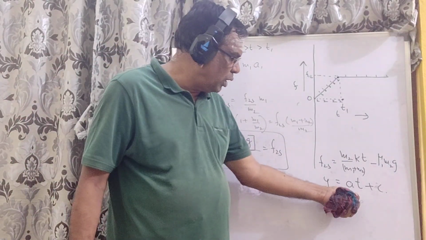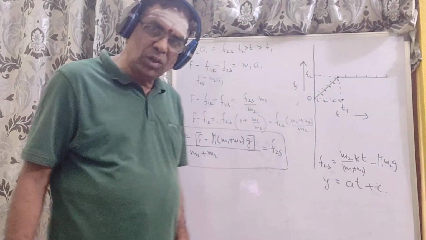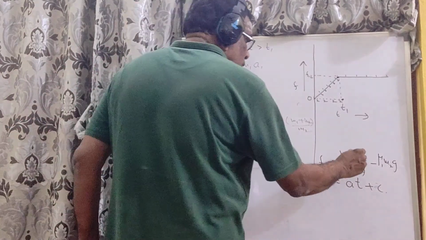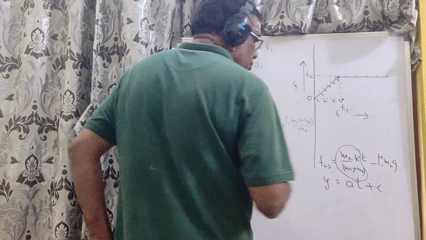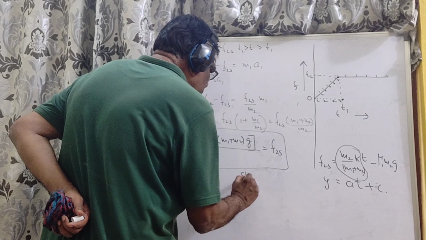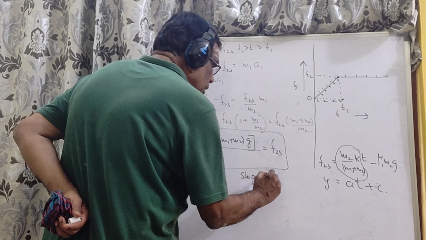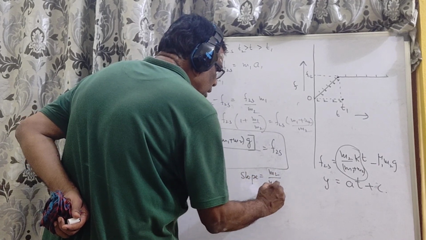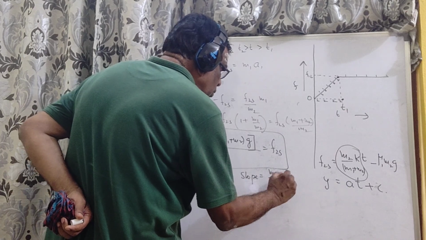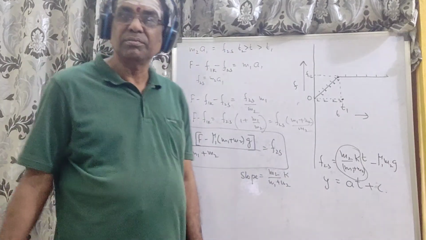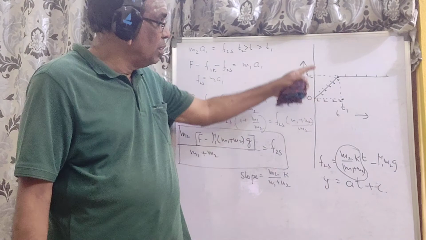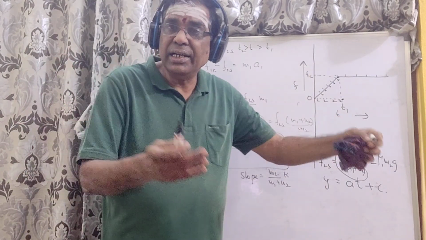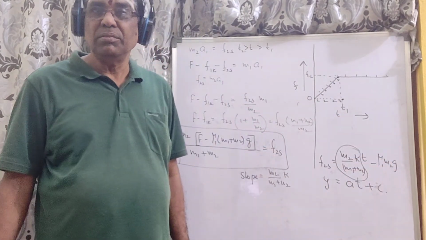And when you plot it, what is the slope here? Slope is M2 by M1 plus M2 into K. They may give you the diagrams in the exam. Choose the right one.